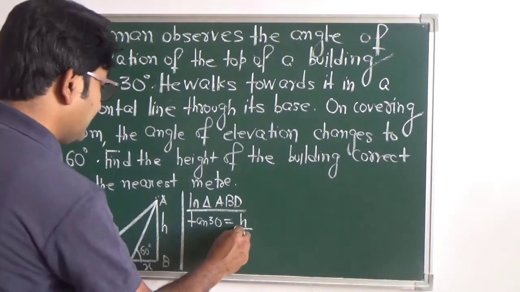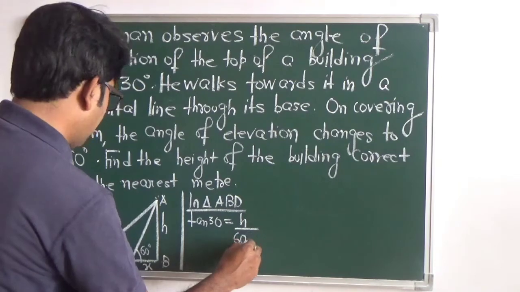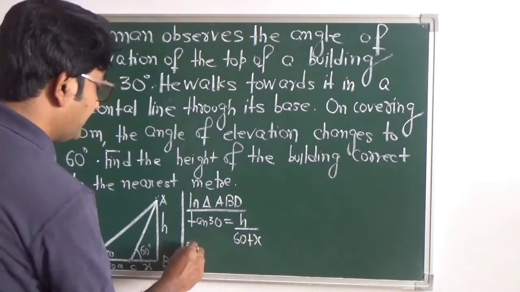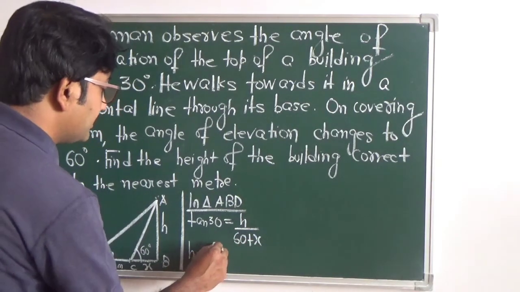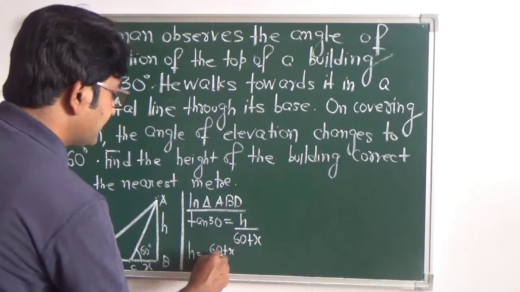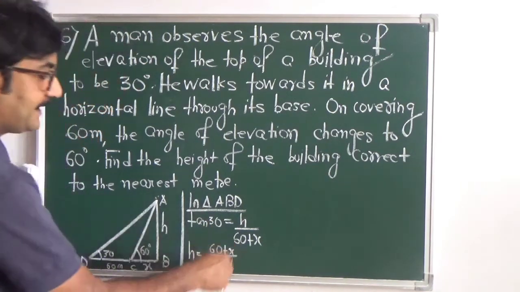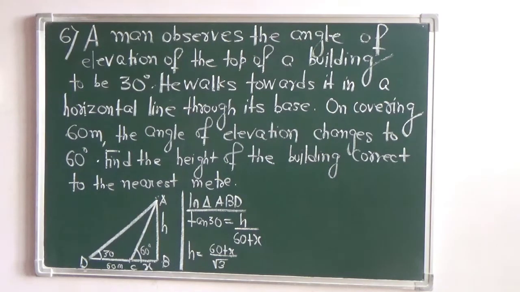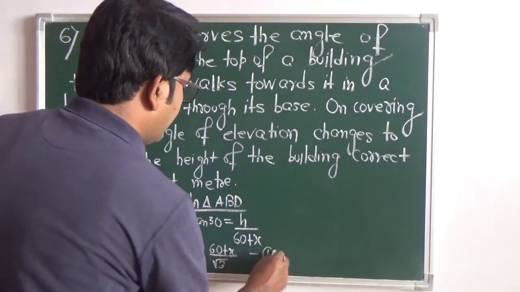So this is H by 60 plus x, or you can write H equals 60 plus x by root 3, since tan 30 is 1 by root 3. So this is number 1.